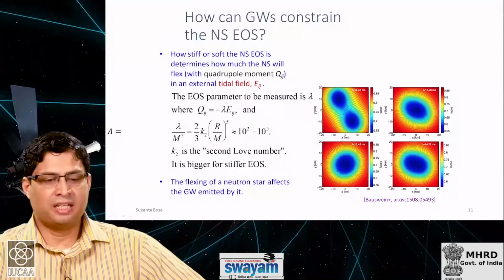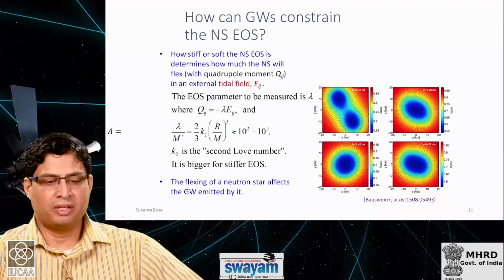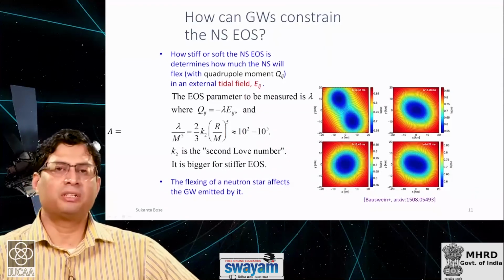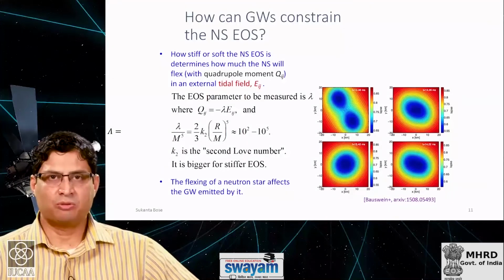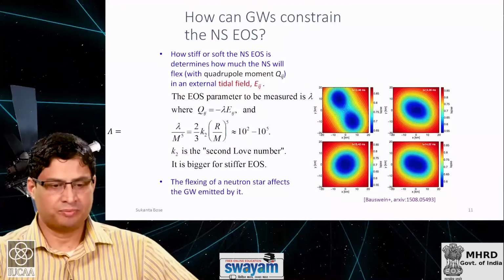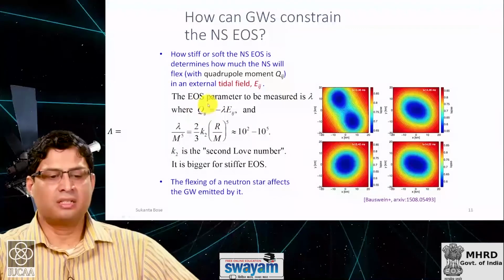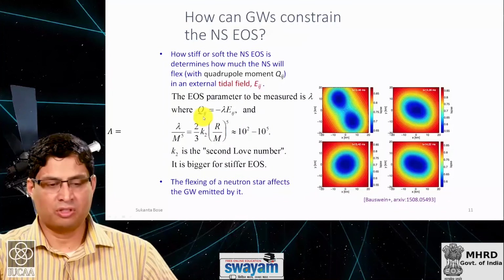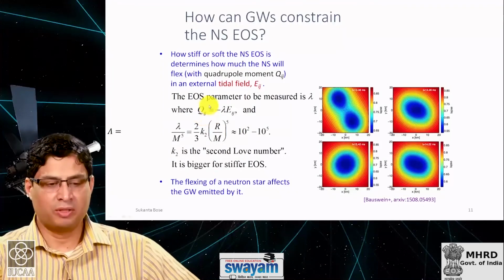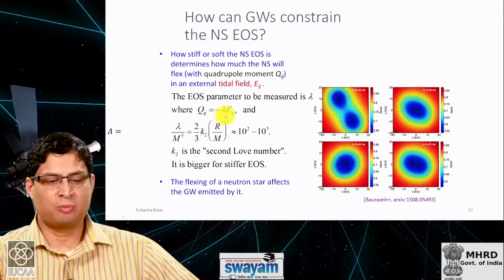So, if E_ij is the tidal field of a star, or a companion, where E_ij is nothing but the double derivative of the Newtonian potential phi with respect to spatial x_i x_j, and Q_ij is the quadrupolar moment of our friend, our neutron star that we are studying the deformation of. So, Q_ij here is proportional to the tidal field through a factor that is lambda.